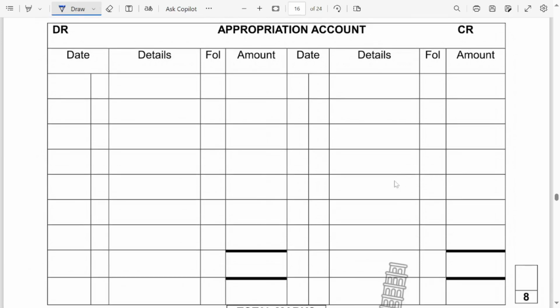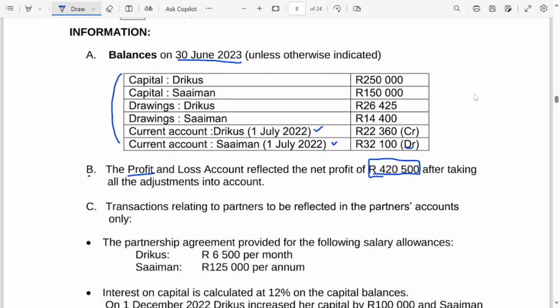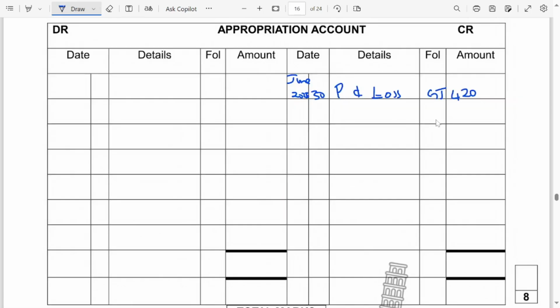Okay? So this is 3rd June 2023. Right? So it's a profit and loss, it is 420,500. Right?